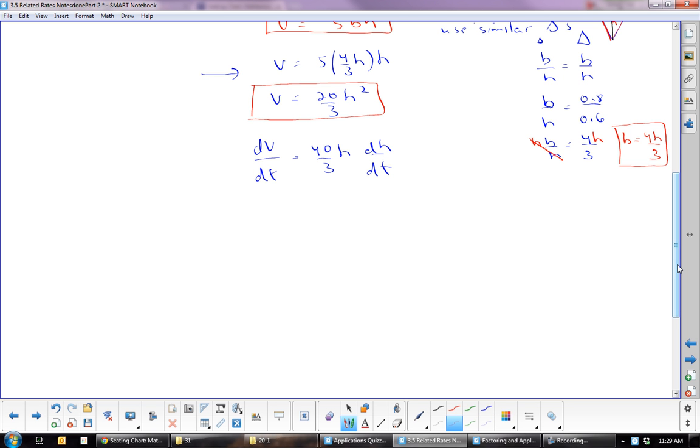So let's plug it in. We know dV is negative 2 equals 40 over 3, 0.4, dH dt. Okay, so if we just want to see what it would look like, I would bring the 3 up here, and the 40 times 0.4 would be down there, equals dH over dt.